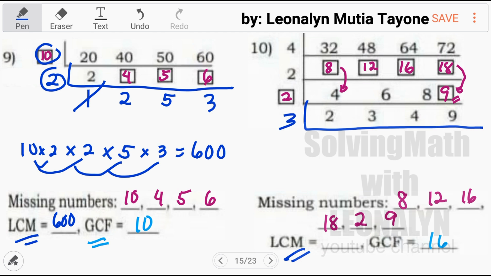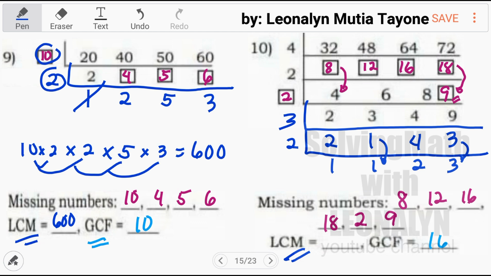So, sa 3 muna tayo. 3 divided by 3, and this is 1. 9 divided by 3, and this is 3. Bring down lang si 2 at saka si 4. Now, meron pa tayong dalawang pares dyan na pwede nating i-divide ng 2. So, this is 1. Si 1 ay kopyahin lang siya at saka itong 3 ay kopyahin lang din. 4 divided by 2, and this is 2.